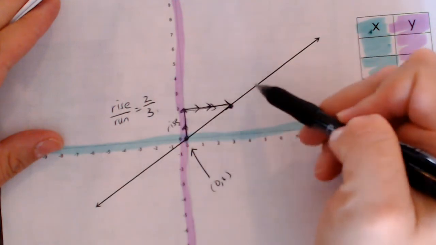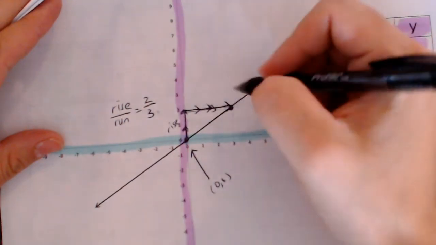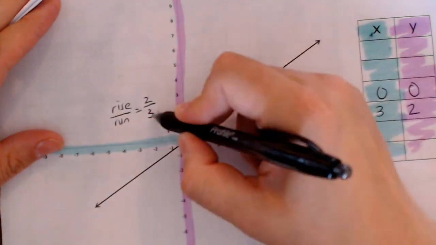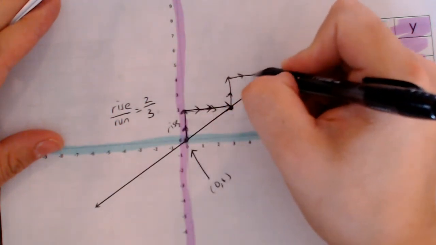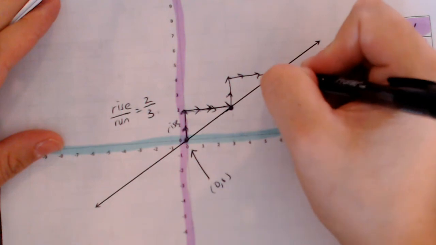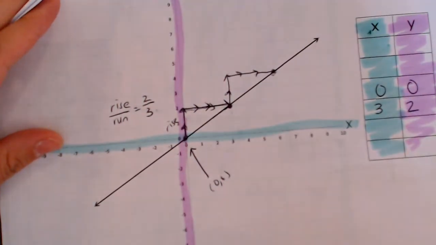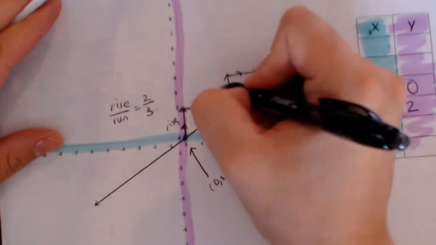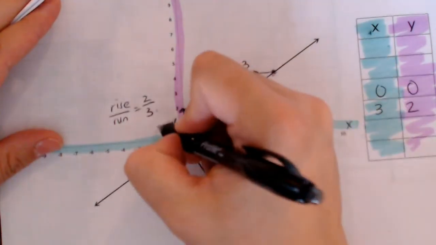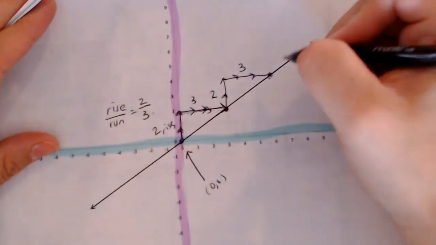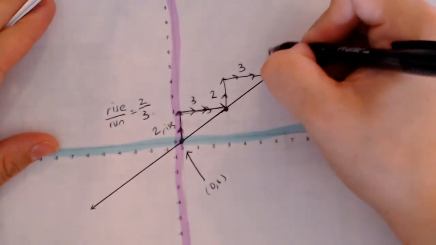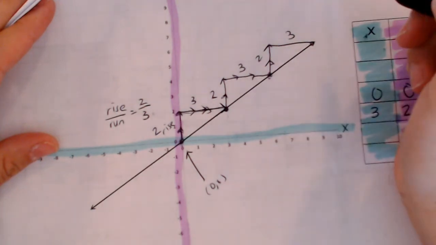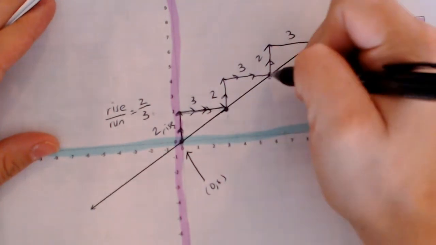To get to each point, I'm going to rise 2, and I'm going to run 3. That's your next coordinate point. Rise 2, run 3. Rise 2, run 3. So then this one would be rise 2, run 3. This is my next point.